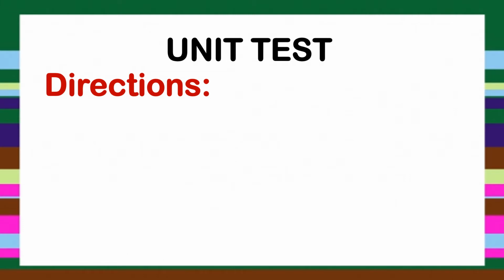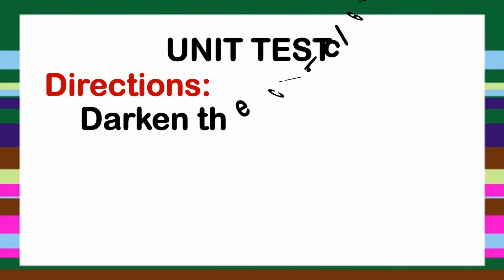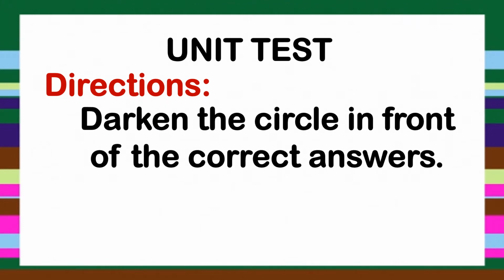This time, all we have to do is to answer the unit test, and these are the directions. You have to darken the circle in front of the correct answers.